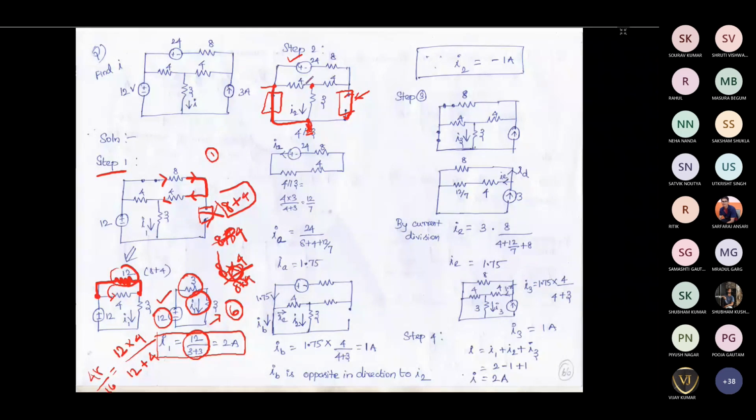So you can consider this 4 ohm resistor and this 3 ohm resistor to be in parallel. If two resistors are in parallel, you can find the equivalent resistance: 4 into 3 divided by 4 plus 3, that is 12 by 7.